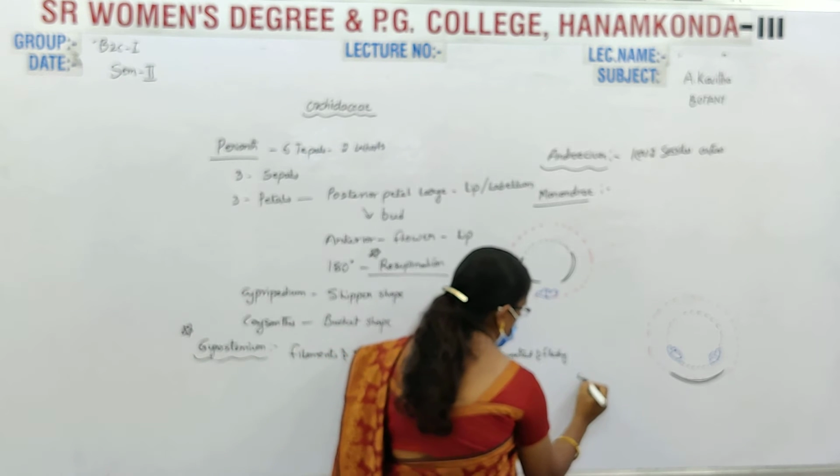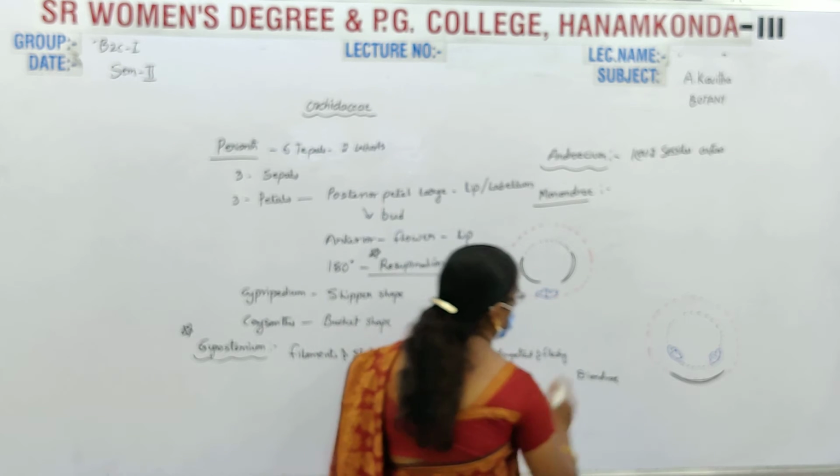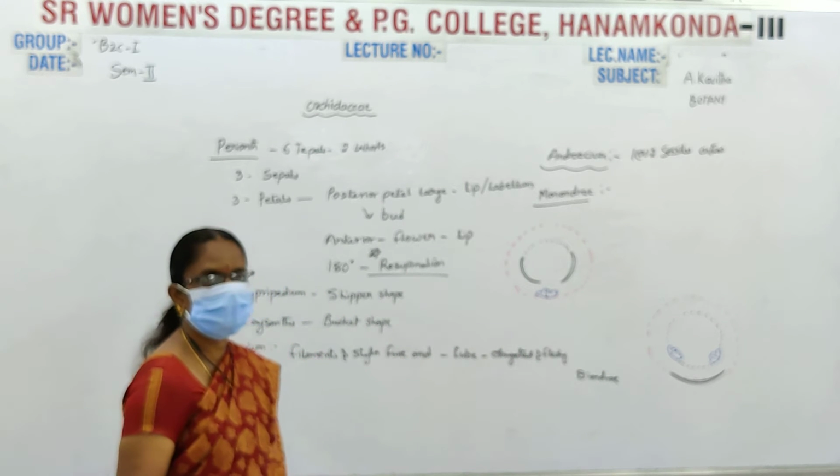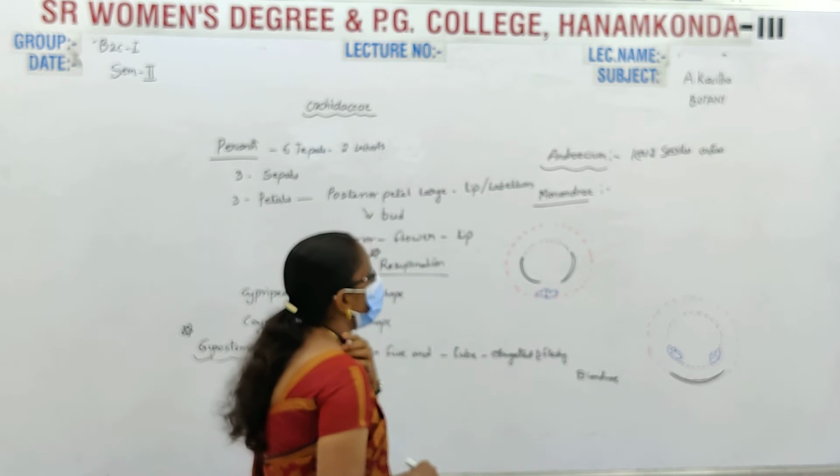This is the monandrous, and the second one is diandre. Monandre and diandre, or monandrous and diandrous.